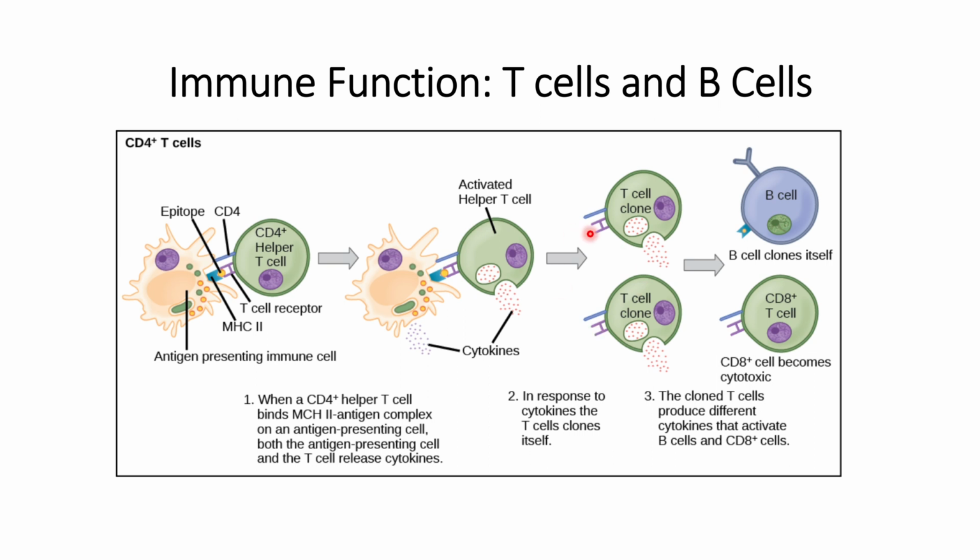So here the clones of the T cells are formed, and these clone T cells then release cytokines that help to activate B cells and CD8 plus cells. So B cells also get activated, and CD8 plus cells also get activated.